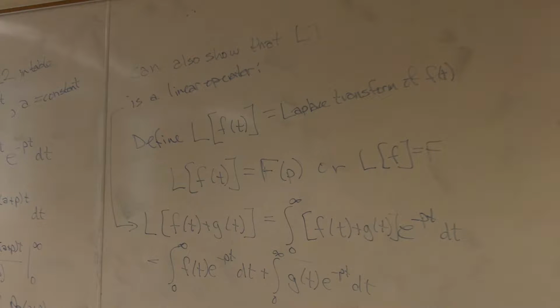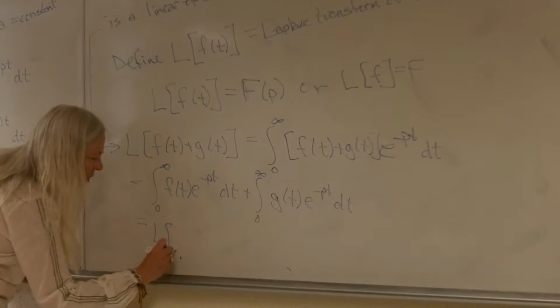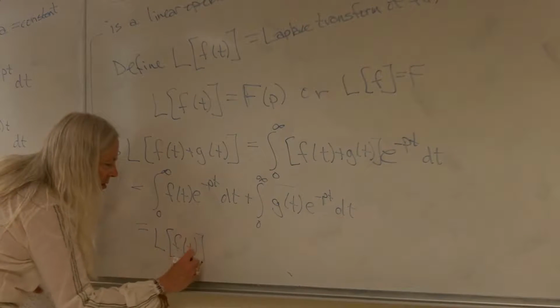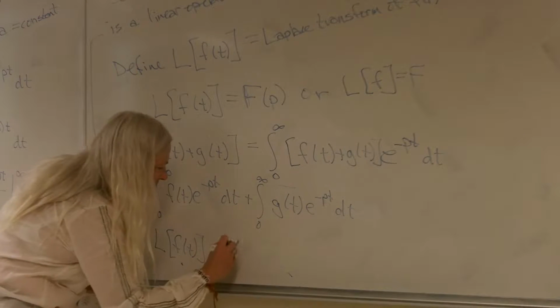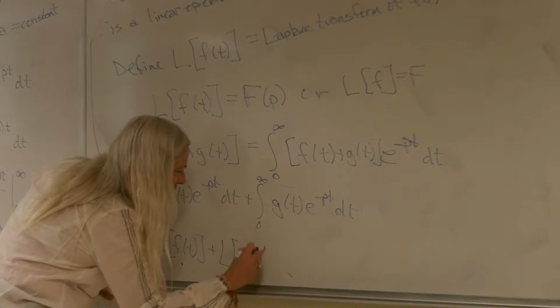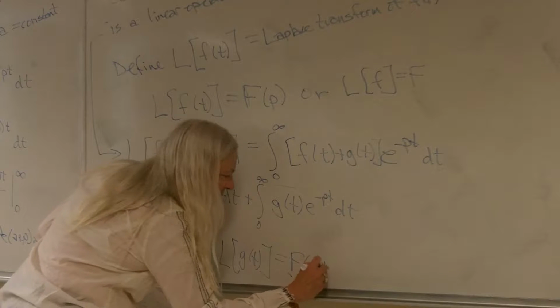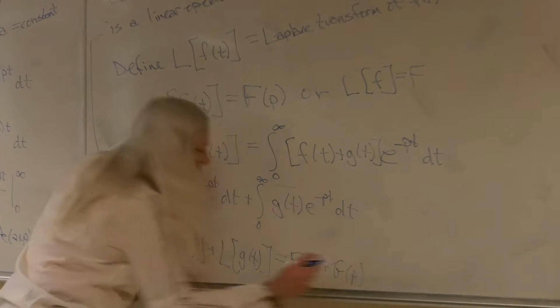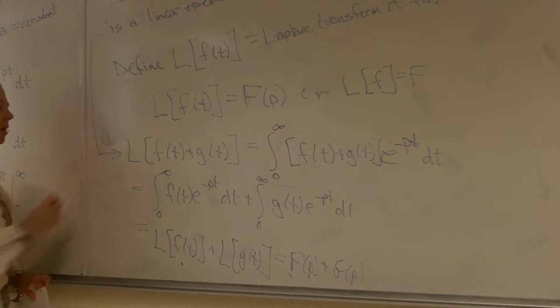And then using the definition of Laplace transforms, this first term is the Laplace transform of f of t, and the second term is the Laplace transform of g of t. So you could write this as capital F of p plus, the obvious choice of notation, capital G of p for the Laplace transform of little g of t. In any case, the Laplace transform of a sum of two functions is the sum of their Laplace transforms. That's part of what I mean by this being a linear operator.